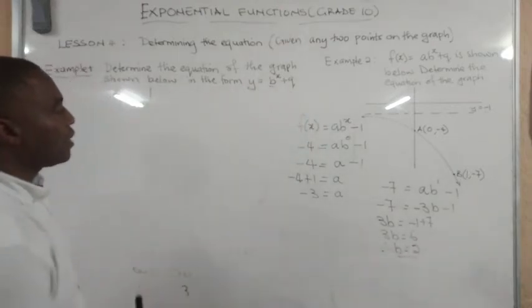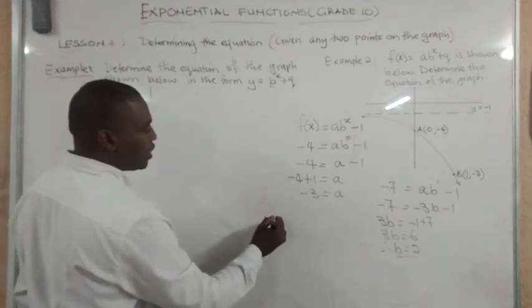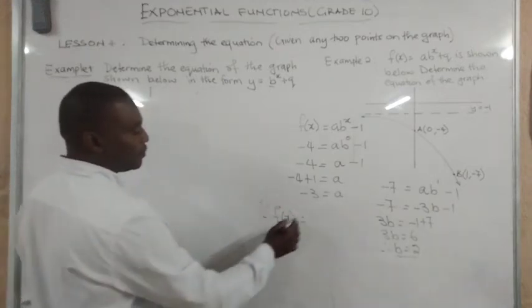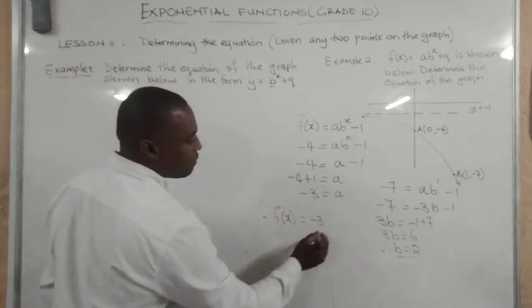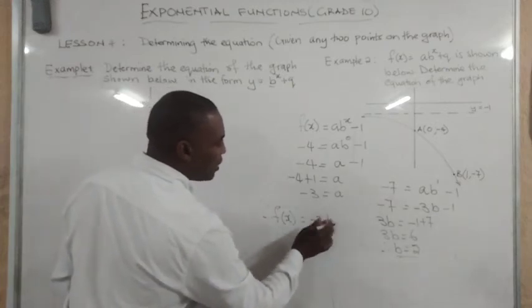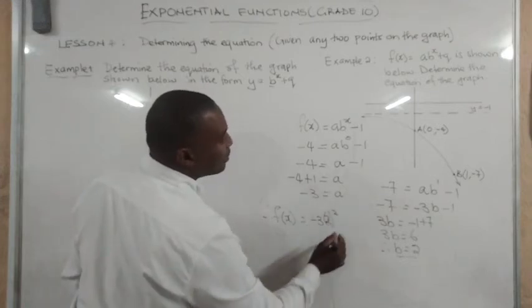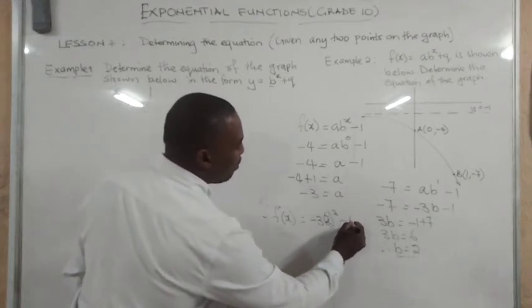So we are saying the equation f of x is given by negative 3 times 2 to the power x minus 1.